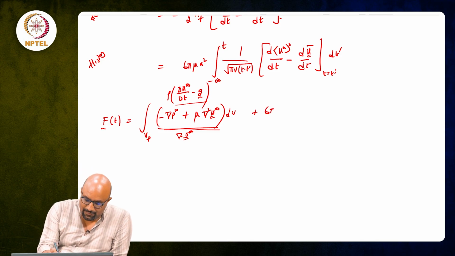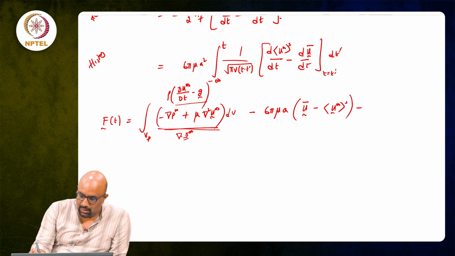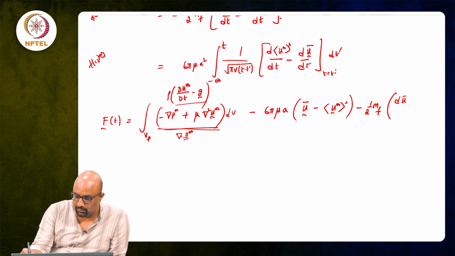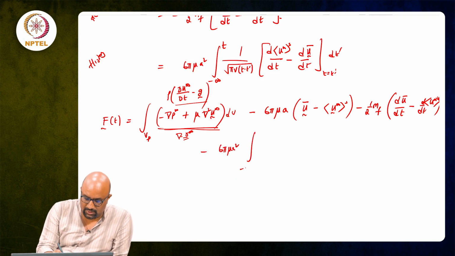Then you have the quasi steady Stokes drag, then you have the added mass term, and in the end you have the history term.